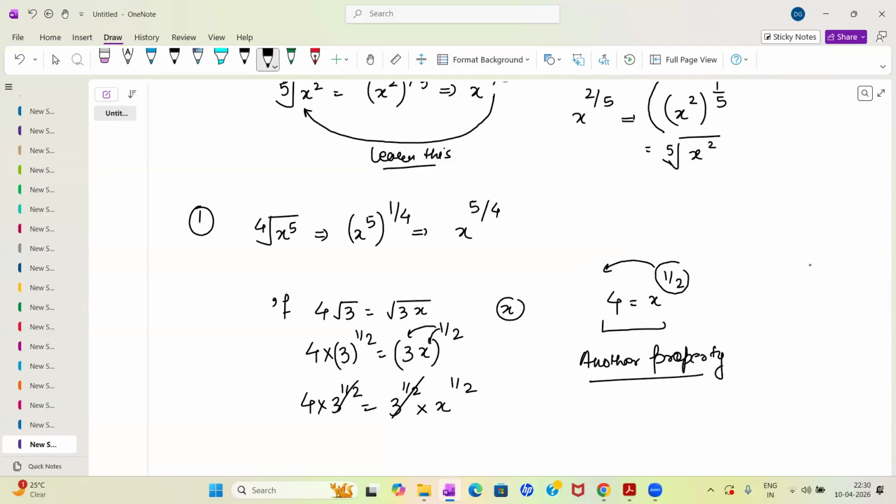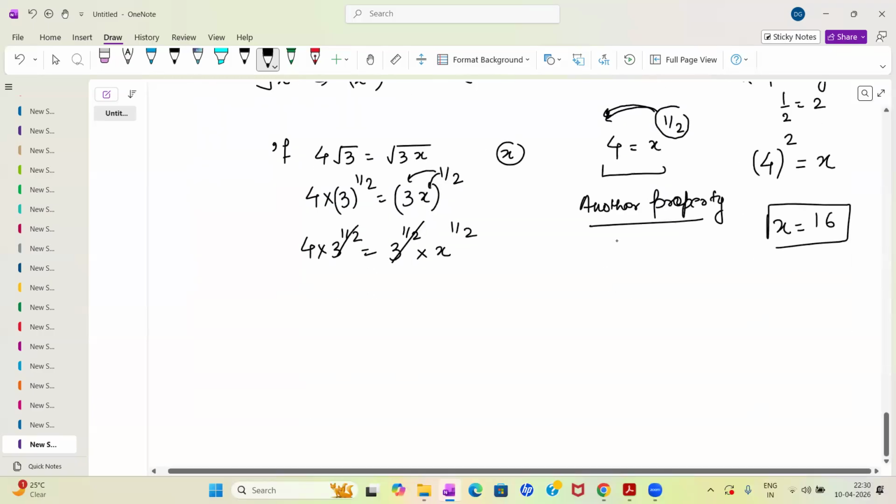So the reciprocal of 1 by 2 is 2. So when this power goes to this side and is put over 4, the power of 4 will be 2 and x will be this. So the answer is x is equal to 16.